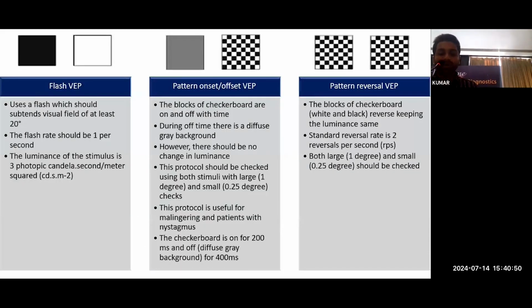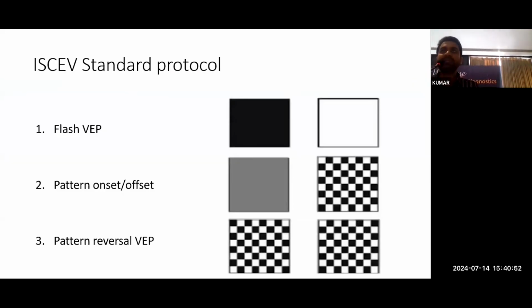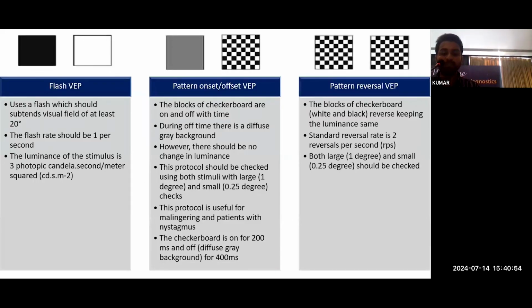So depending upon the stimulus used, the VEPs can be classified as a flash VEP, where the stimulus is nothing but a single flash. It subtends about 20 degrees of the visual field, and the flash occurs at a rate of about 1 per second, at an illumination of about 3 candela per meter squared.